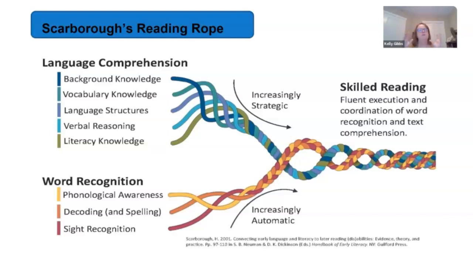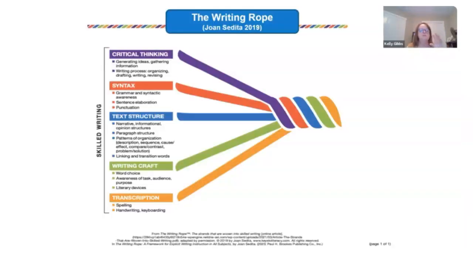People got very excited about her work. What she had done is taken this idea of a reading rope, and she created a writing rope. So we're going to talk a little bit about that and how that connects to curriculum to help us build a framework around the instruction piece of writing.